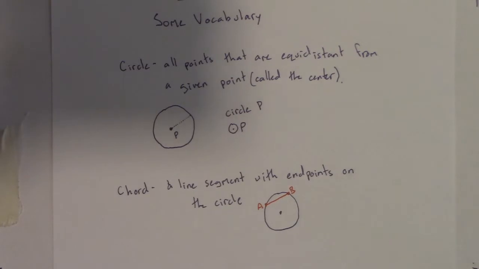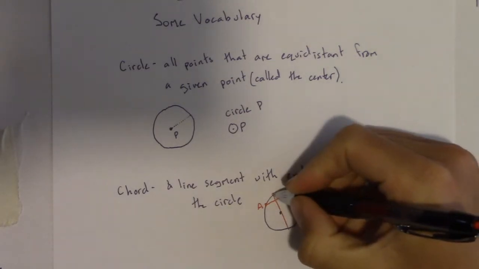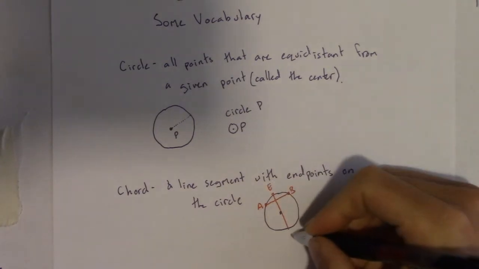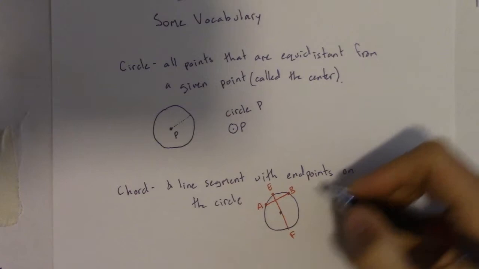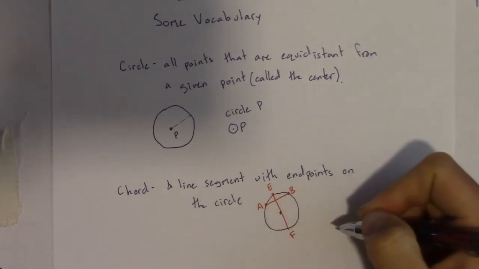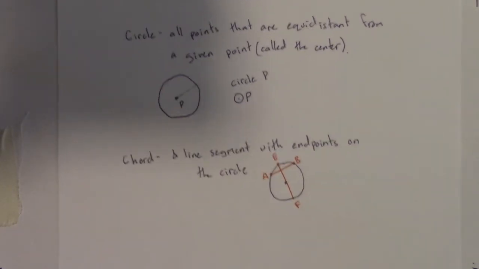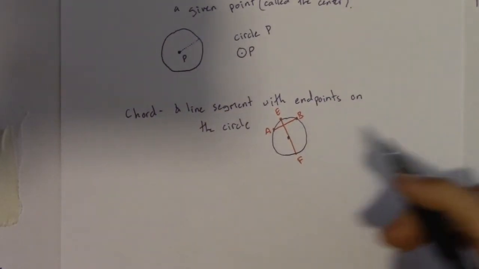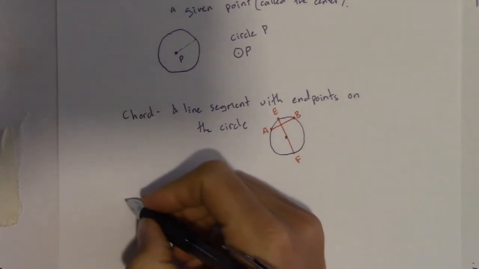I could also have chord EF, and it also has endpoints on the circle, and both these would be chords. I could draw any going any which way, and as long as endpoints are on the circle, it is a chord.